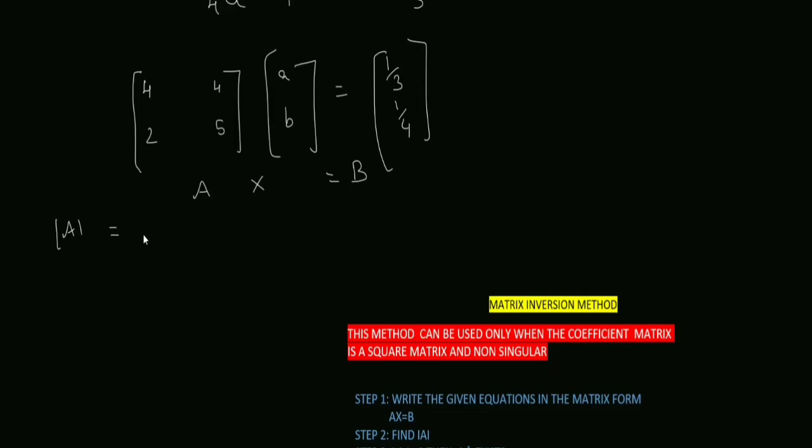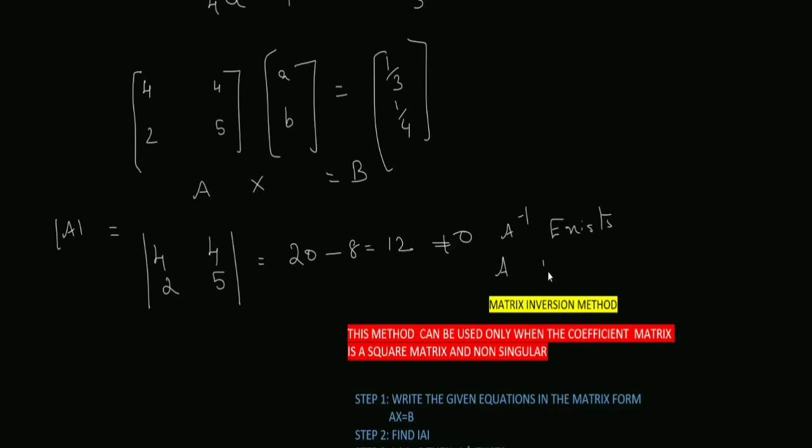So determinant of A is 4, 4, 2, 5. So what do you get now? 20 minus 8, that is equal to 12. It is not equal to 0. Therefore, A inverse exists. Why A inverse exists?